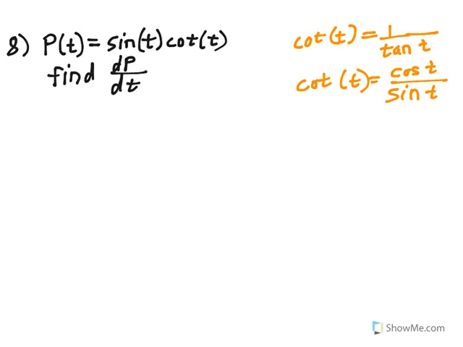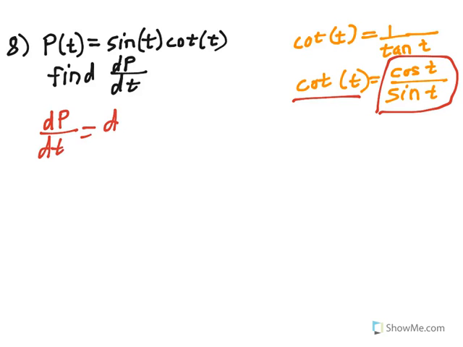Okay, so wherever we see cotangent of t, we can put in this fraction, so let's go ahead and do that. dp/dt is equal to the derivative with respect to t of sine of t.